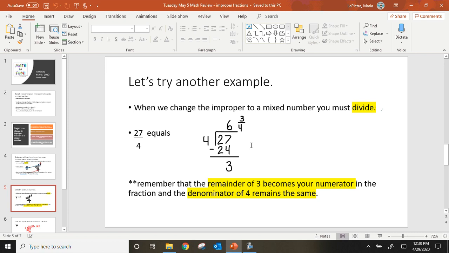There's my whole number. 6 times 4 is 24. We get a remainder of 3. 3 is going to go on the top. That's my numerator. And again, 4 is my denominator, and it's going to stay my denominator. So my answer is 6 3/4.